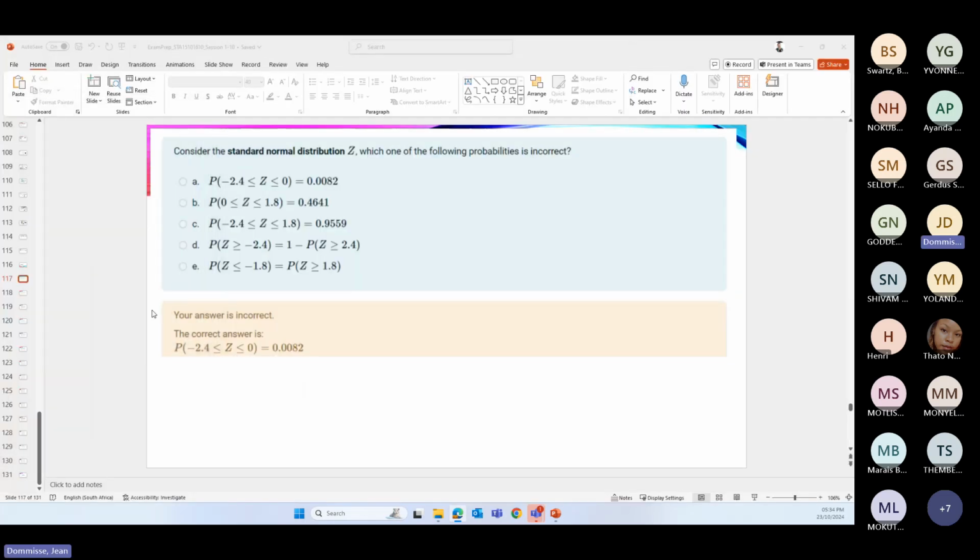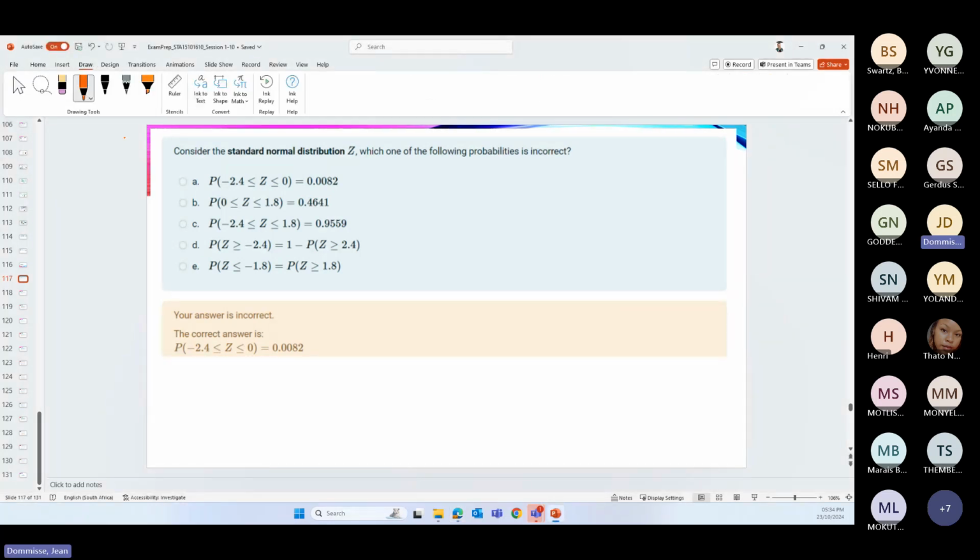Okay, so the first thing they ask us in this one is that we need to check, and you guys can also check in your table. So the first one they ask, consider this normal distribution and basically check between 0 and minus 2.4.